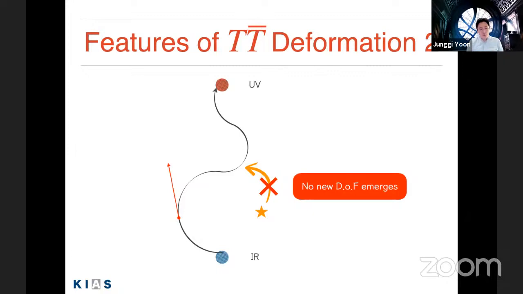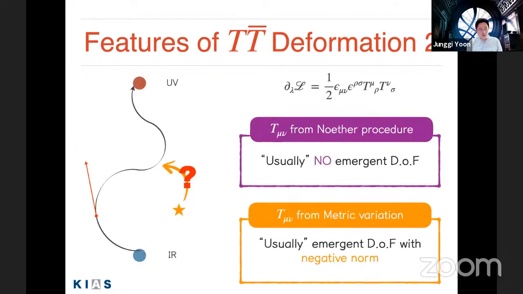However, when we construct some deformed Lagrangian, we found that the deformed system can have some emergent degree of freedom, depending on the type of energy momentum tensor that we used. Namely, it depends on whether we use the energy momentum tensor from the Noether procedure, from metric variation, or some other improved energy momentum tensor.